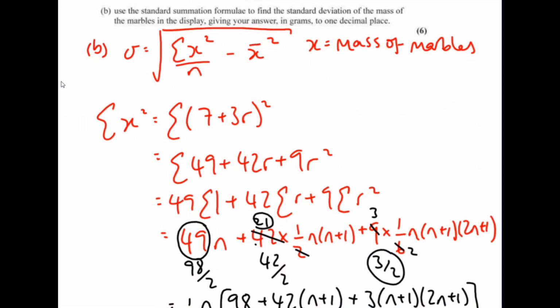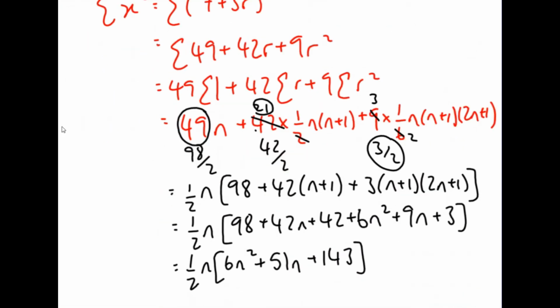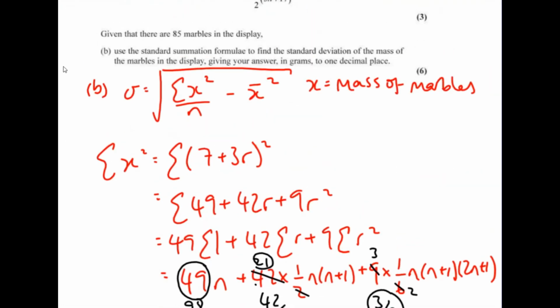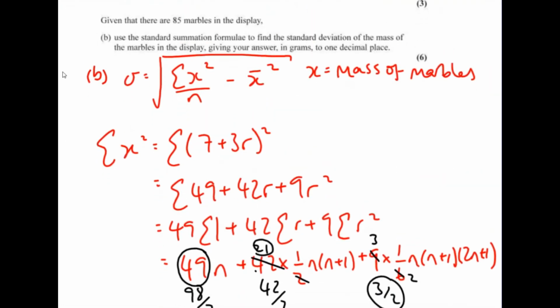Yeah, we can pop all this into our formula. We know what n is at this stage. We know n is 85, so we could work this out.